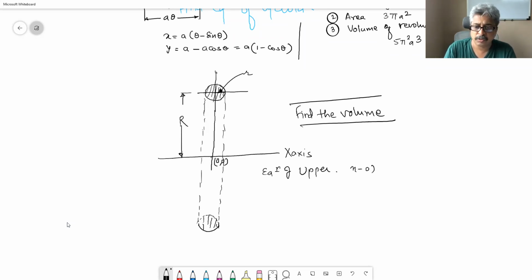equation of x minus 0 bracket square plus y minus capital R bracket square is equal to r square is the equation of that circle.